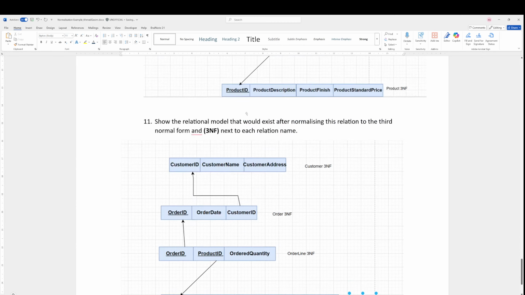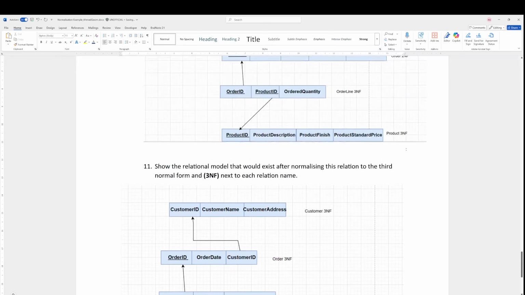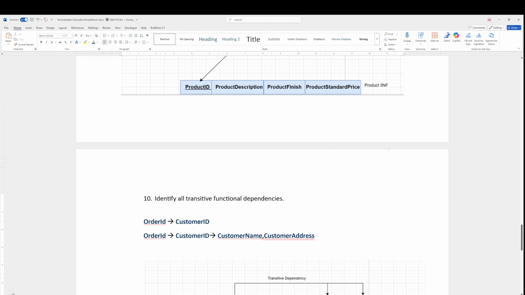So we are finished with the task. You can see how we moved from first to second to the third normal form, and we achieved the data normalization. So good luck with your task, and thank you for watching.